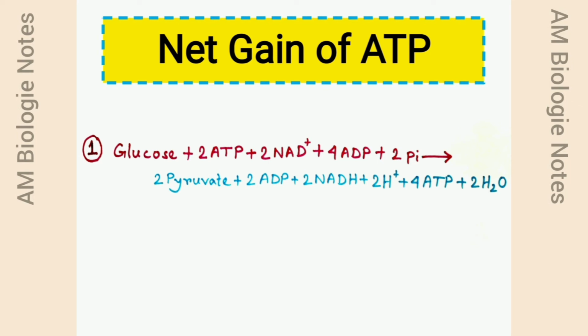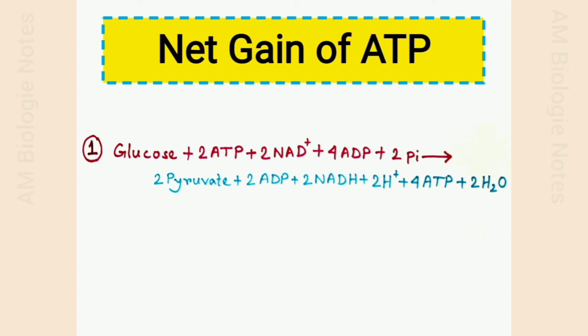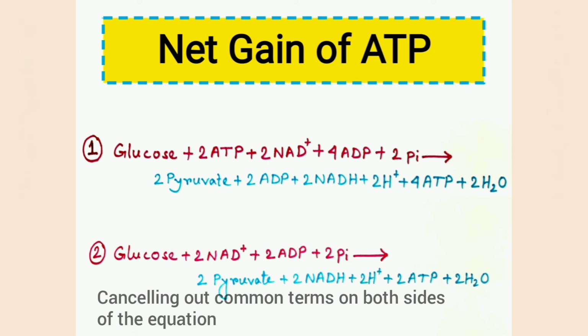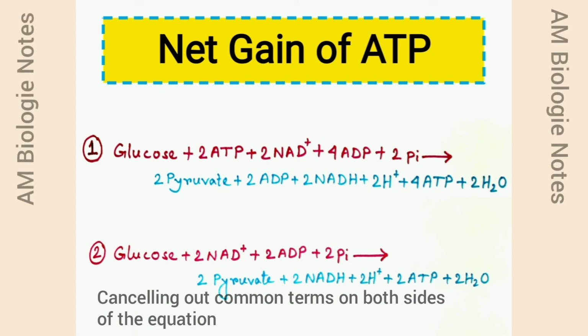This is the whole equation of the glycolysis process. The left hand side of the following equation shows all the inputs like glucose, ATP, NAD+, ADP and inorganic phosphate, and the right hand side shows all the outputs like pyruvate, ADP, NADH, ATP, etc. Cancelling out common terms on both sides of the equation gives the overall equation for the glycolysis process.